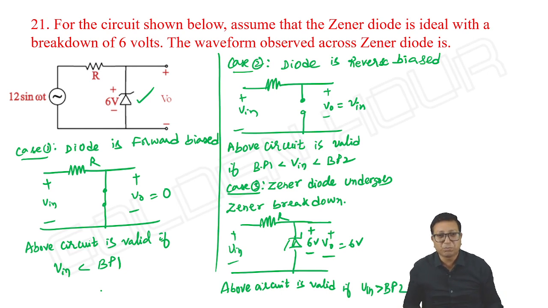Is there any other circuit possible? No. Diode forward biased, first case. Next, reverse biased with open circuit. Next, undergoing Zener breakdown and maintaining a constant voltage of 6 volts across the diode. That's it. So let us find the breakpoints. At breakpoint 1, V output is equal to 0.